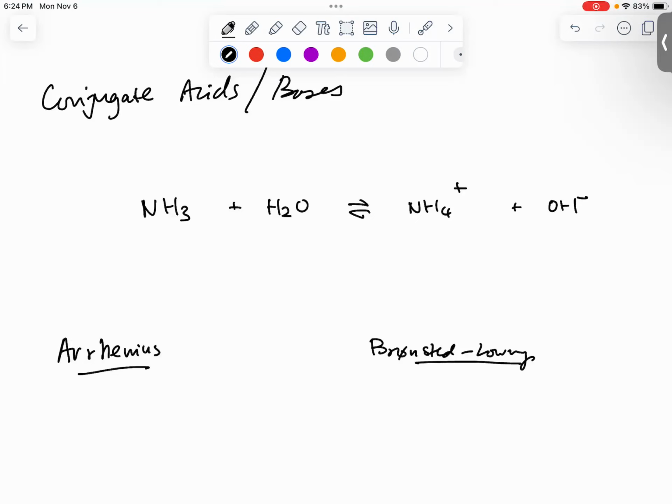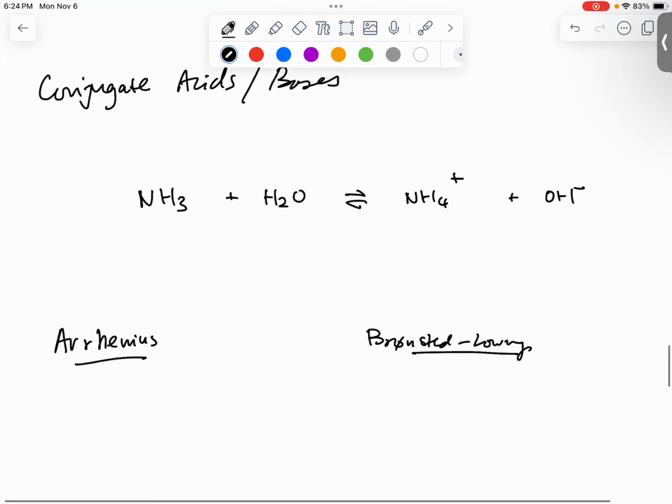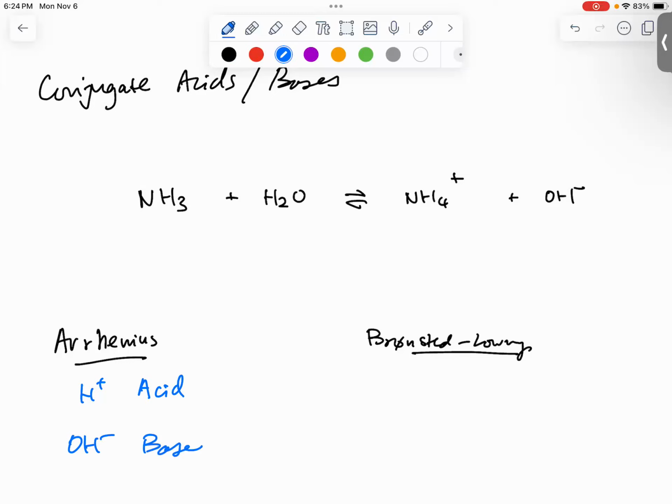The definition is kind of labeling: if a chemical has H plus, that shall be called an acid. If a chemical has a hydroxide ion, that shall be called a base.